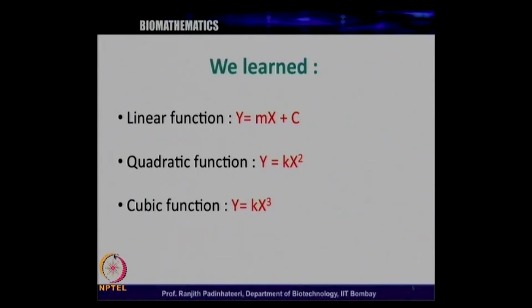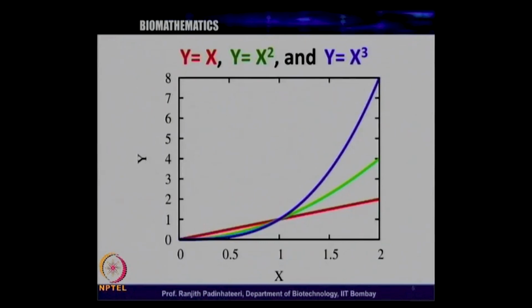We also saw cubic functions, y is equal to some constant k times x cube. So these are the three functions in general: y is equal to mx plus c, y is equal to kx square, and y is equal to kx cube. And we saw how we plot them in the next slide.